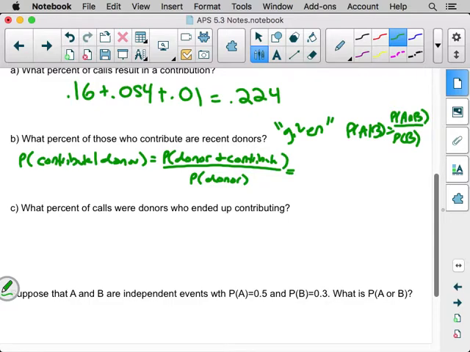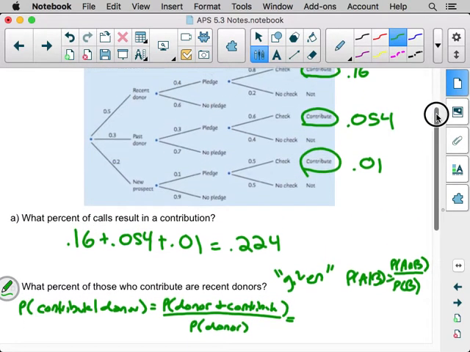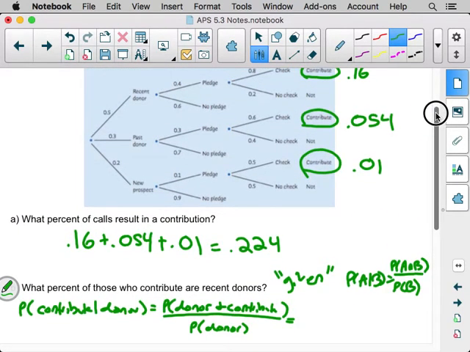So let's take a look at, so here they talk about a recent donor. Well, what's the probability that someone is a recent donor and contributed?